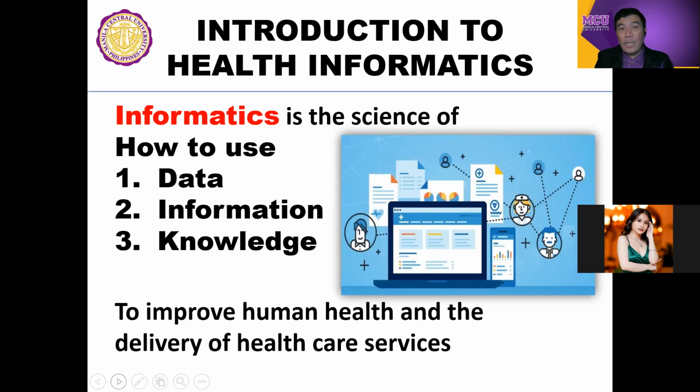Now, as we say, informatics is the science of how to use data, information, and knowledge. Let us look at the difference between data, information, and knowledge. Once you encounter a term or word that does not have any definition, for example, care, the term care may have different definitions, because it could be an operational definition or a conceptual definition.